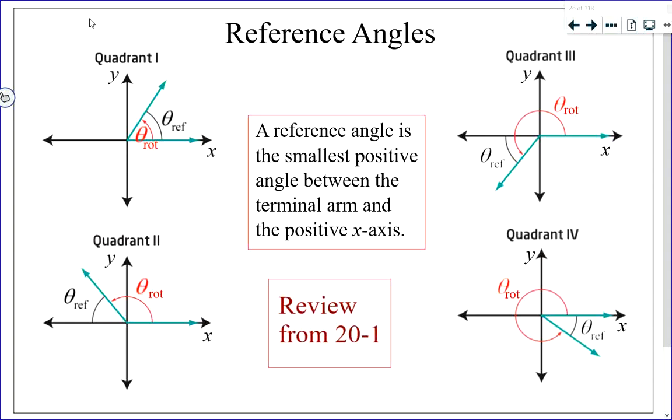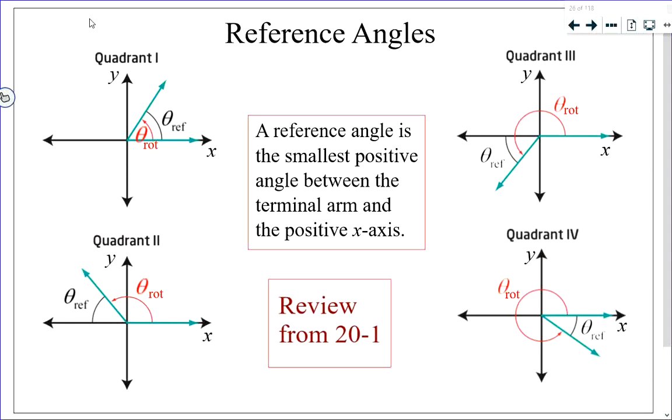When you look at quadrant 1, whatever the reference angle is, that is the rotation angle. When you look at quadrant 2, in the bottom right corner, the rotation angle could be found by taking 180 degrees minus the reference angle, or the rotation angle could be found by taking pi radians minus the reference angle, if you want to think in radians.